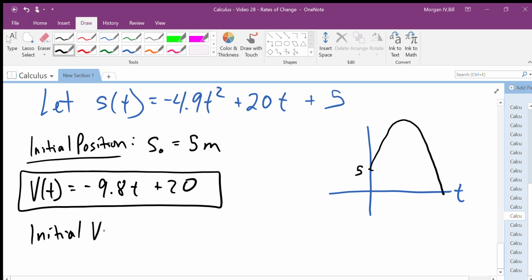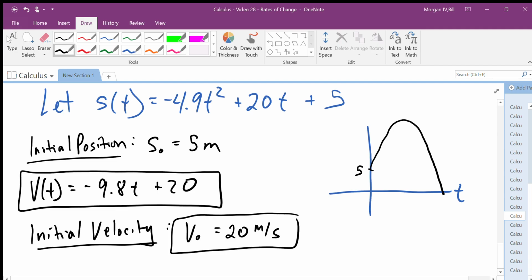The initial velocity, given by v naught, is we take the velocity equation and we plug in 0 for the t's, and we get an answer of just 20 meters per second. So the initial velocity is 20 meters per second. And actually we can see that from the very beginning equation of position.